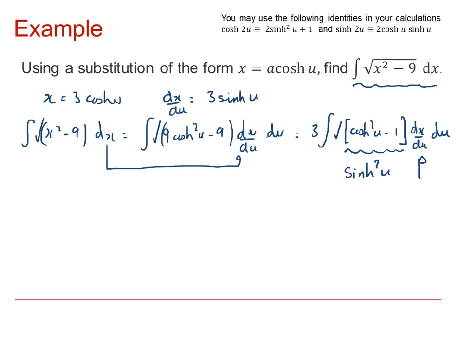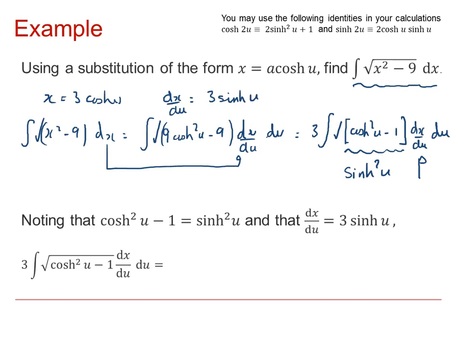So making those substitutions, our integral becomes 3 multiplied by the square root of sine squared u, so that is just sine u. And then dx by du is 3 sine u, and that is now multiplied by our new variable du.